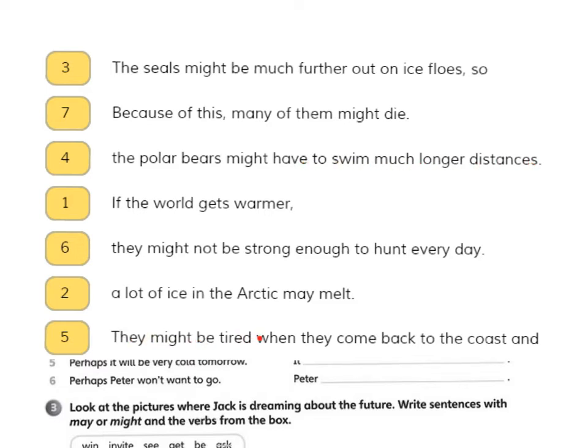They might be tired when they come back to the coast, and they might not be strong enough to hunt every day. Because of this, many of them might die. That's a horrible truth, but sadly, it's true. So please check that you have the correct numbers here in your answers and correct if necessary.